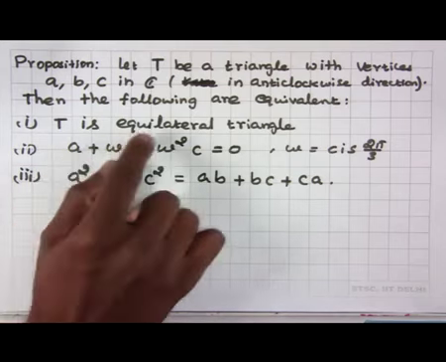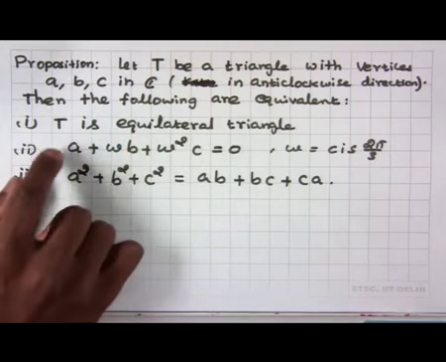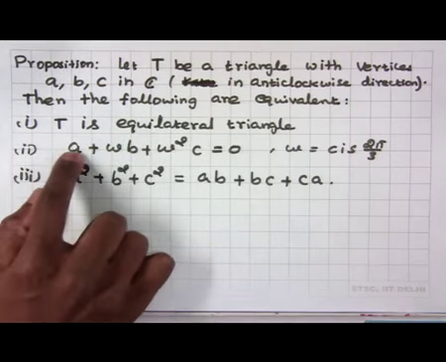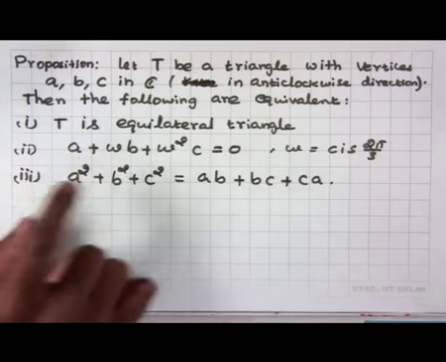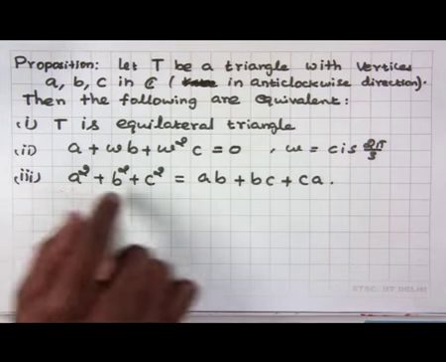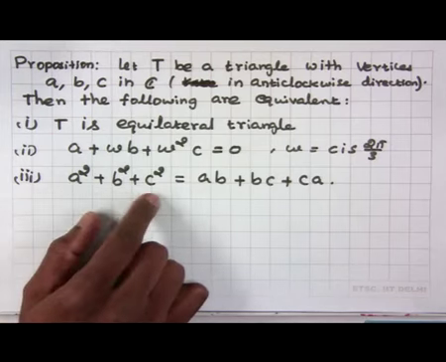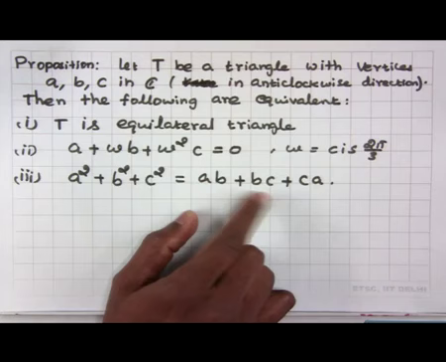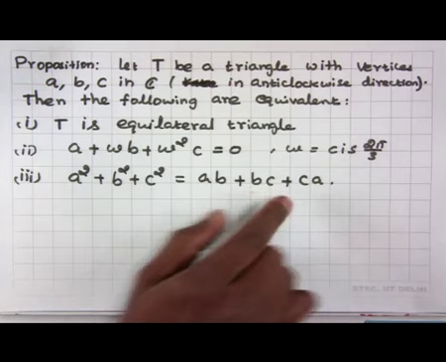And it is an equilateral triangle if and only if it satisfies this equation, as well as the other equation, that is A square plus B square plus C square equal to AB plus BC plus CA.